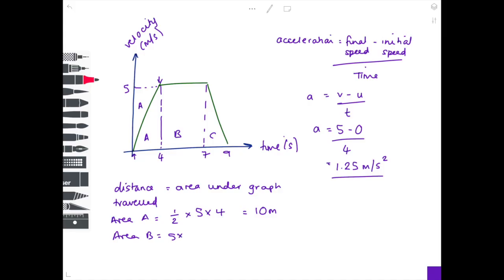So it's 5 again, this time times it by 3, you get a value which is 15 meters. Finally, area C, we're back to our triangle, so we need a half, times the height of the triangle, which is 5, times the width of the triangle, which is 2, so we get 5 meters. If you add that up, you get a total area of 30 meters, and that therefore is the distance travelled.